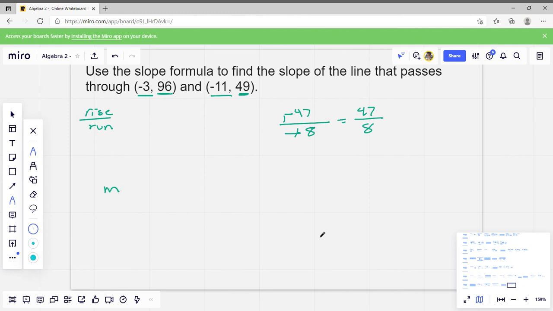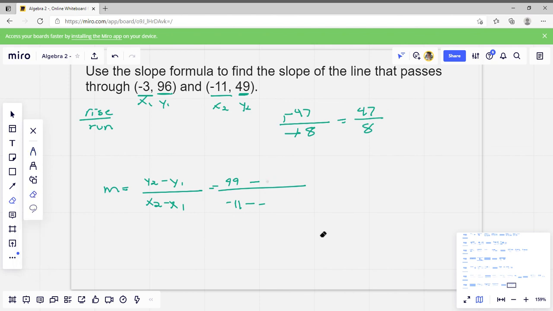If I use slope formula, y2 minus y1 over x2 minus x1, and this would be x1, y1, x2, y2. So we would have y2 is 49 minus y1, which is -3, over x2, which is -11, minus x1, which is negative, oh, whoops, that's not -3 up there.